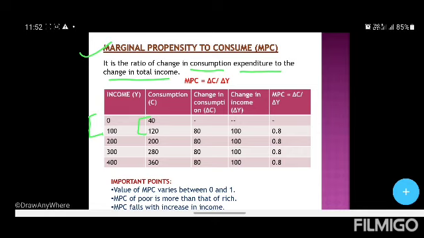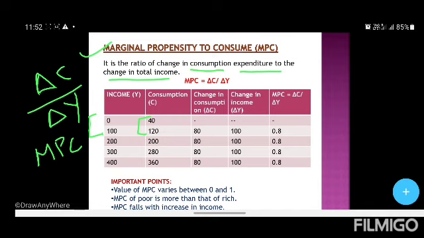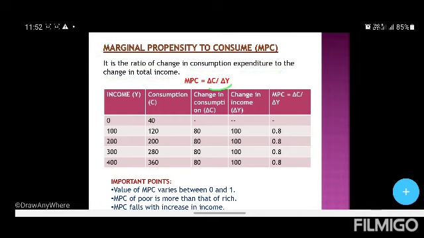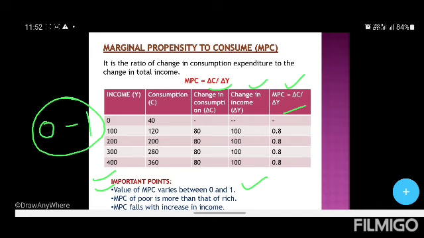So, the change in consumption divided by change in income is called the marginal propensity to consume. We have here the change in consumption and change in income. When we divide them, we get the marginal propensity to consume. Important points to be noted here are the value of MPC varies between 0 and 1. The value of MPC always varies between 0 and 1.